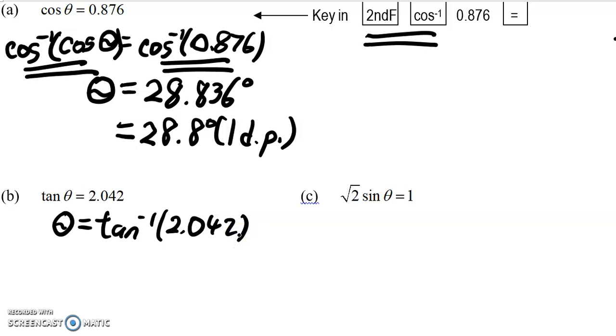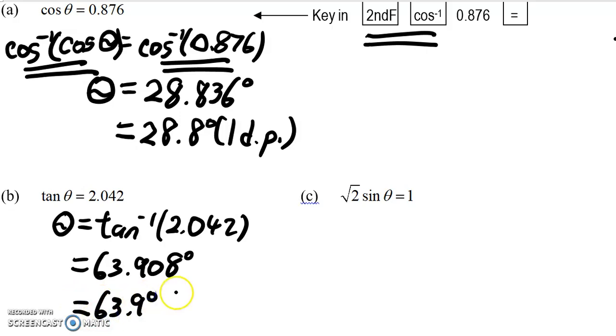Key this into your calculator. Your answer should be 63.908 degrees when you truncate it to 5SF. It's an angle, so we round it off to 1 decimal place, so it should be 63.9 degrees.